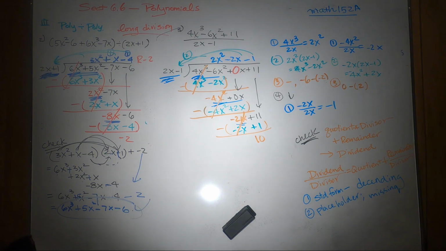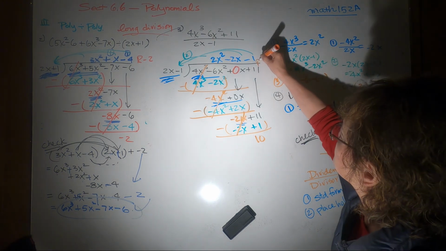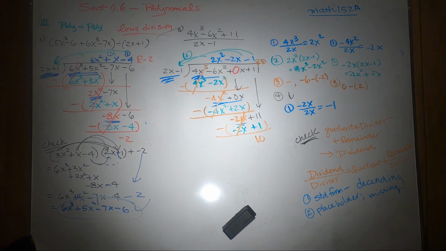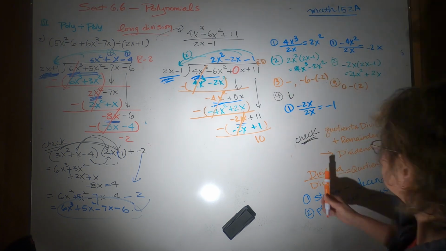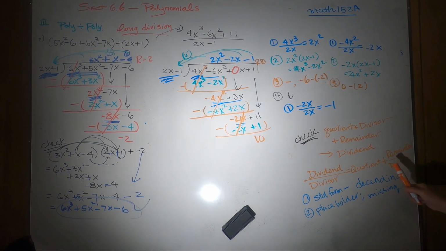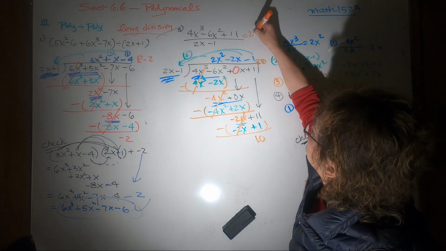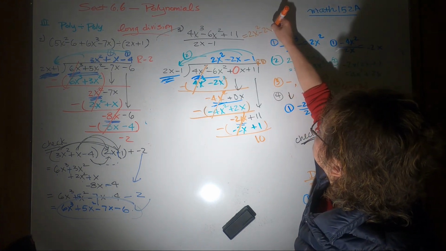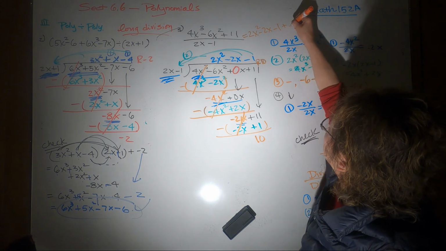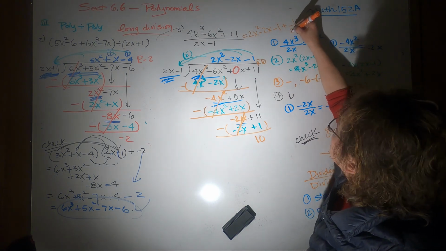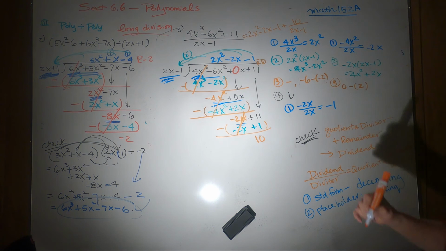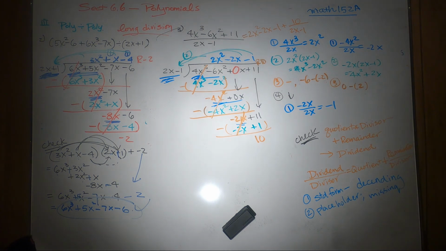Is that right? So the remainder is 10. How do you write your answer? Quotient plus remainder over divisor. So you will write 2x squared minus 2x minus 1, plus the remainder 10 over your divisor.